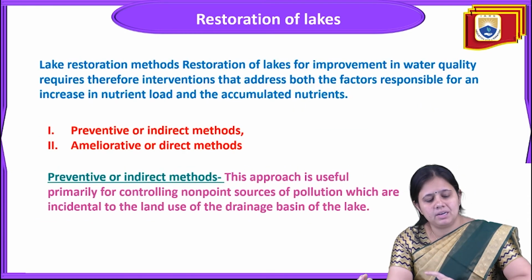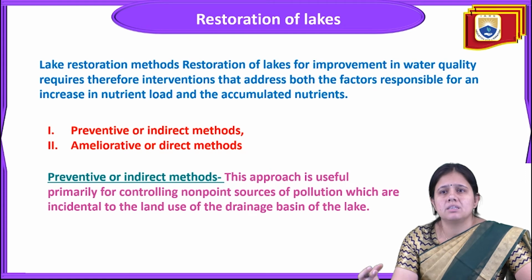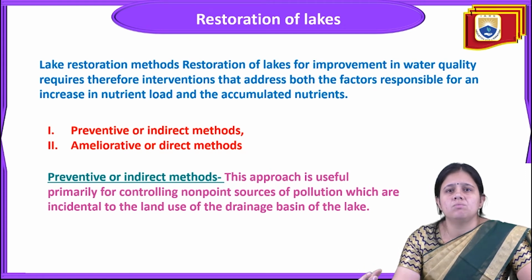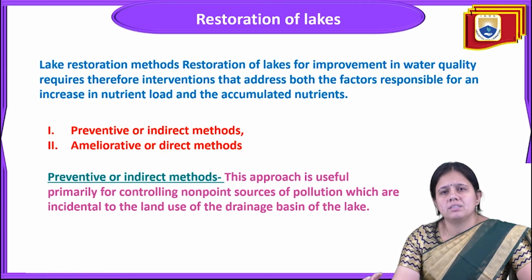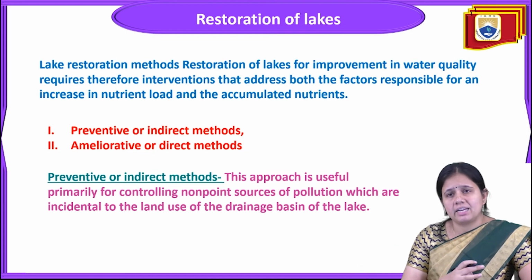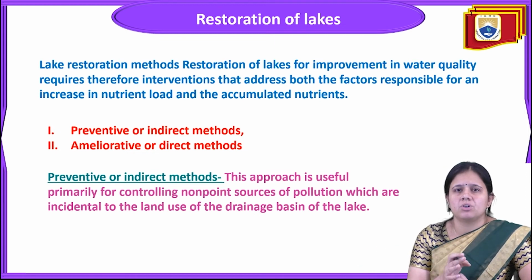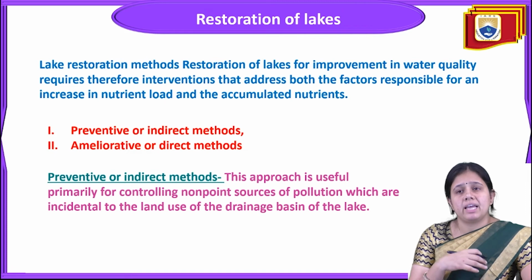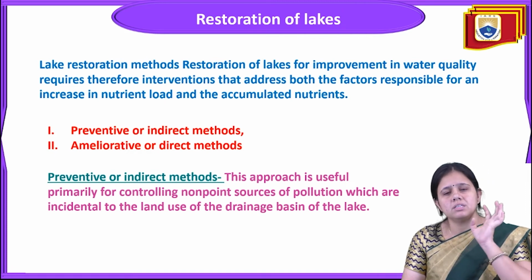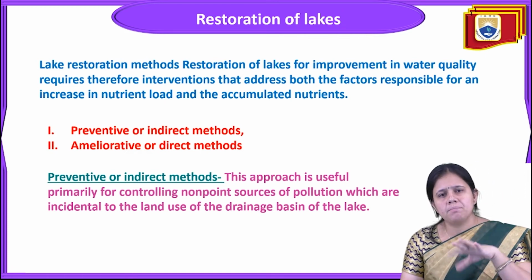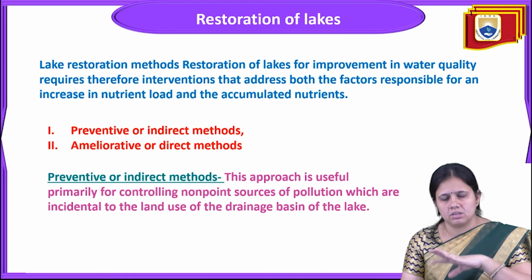So the lake restoration method is for the improvement in water quality, which will require interventions that address both factors responsible for an increase in nutrient load and accumulated nutrients also.